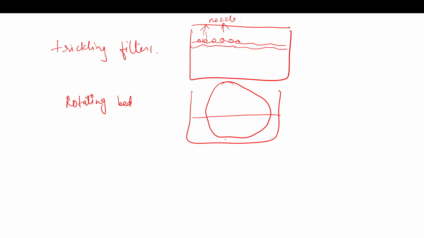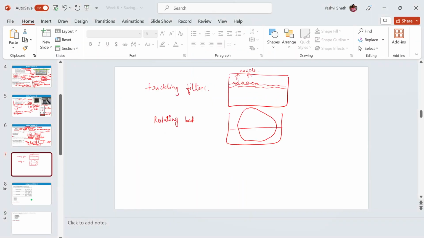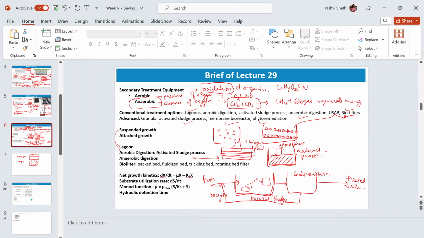So this is how it works. This will keep on rotating, which will give the microbes access to both organics and atmosphere for air for degradation. So this is all about biofilters.